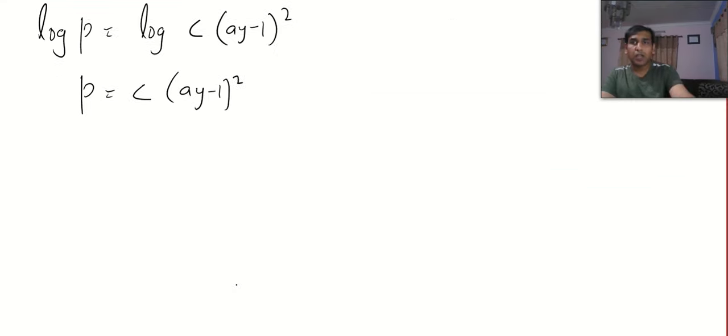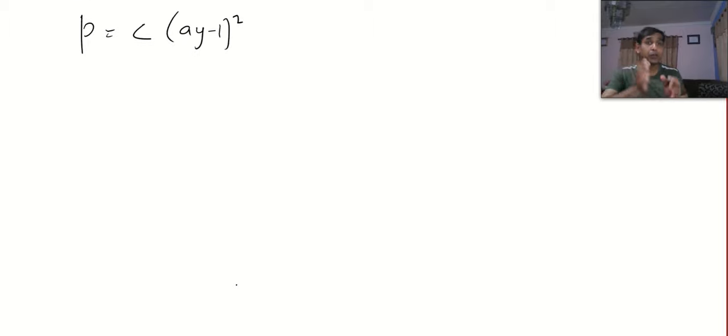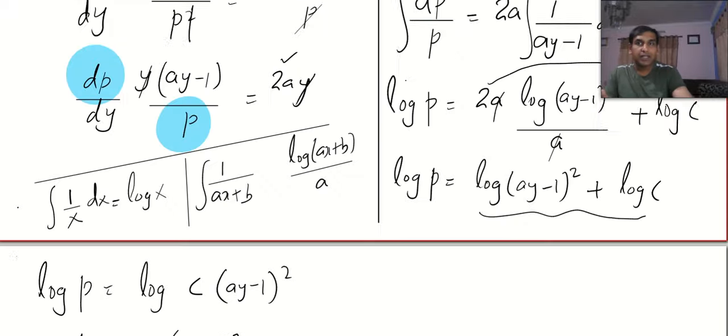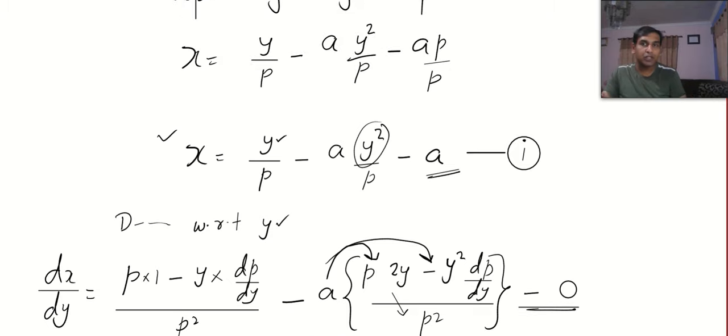Okay. Now I hope you remember what I told you in the last video. After this you have two options. Option number 1, from here you can write y in terms of c and p, or rather you can find the value of y and put it in equation number 1. Equation number 1 means the one in which you wrote x in terms of p and y.